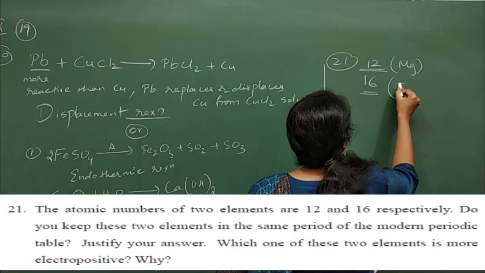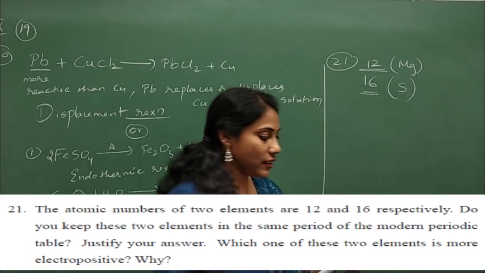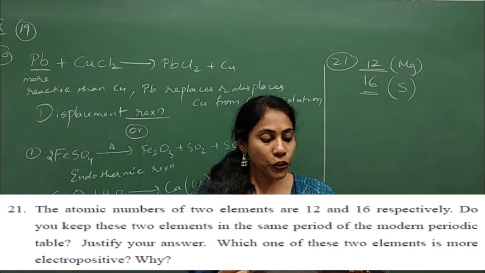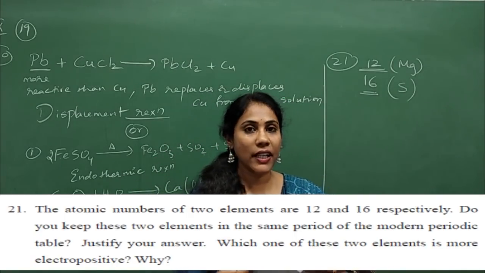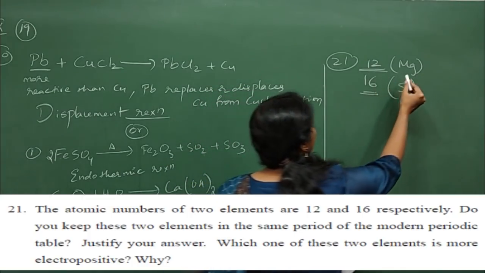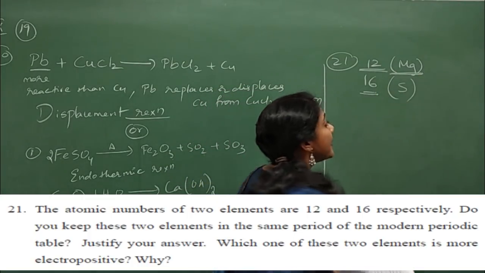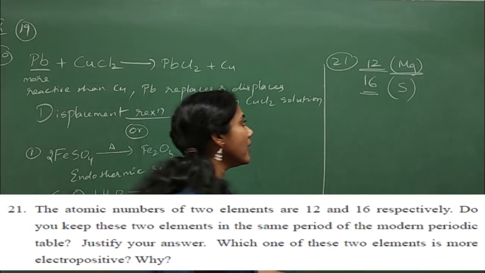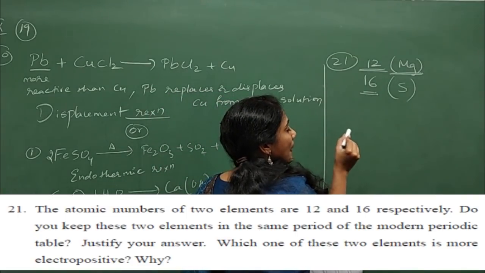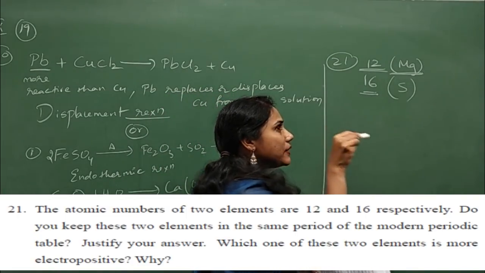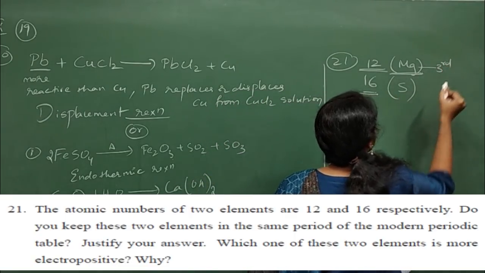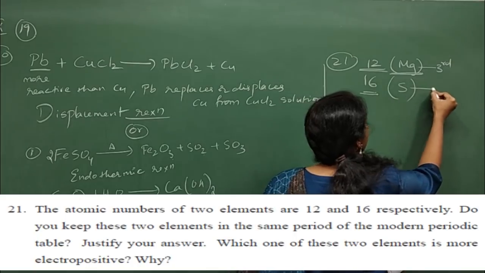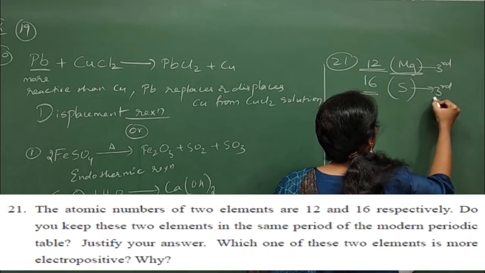So the element is definitely sulfur. Right? Okay. Do you keep these two elements in the same period of modern periodic table? So try to identify in which period magnesium comes. Okay, so magnesium will come in third period, isn't it? So it will come in third period. Whereas sulfur also comes in third period, right?